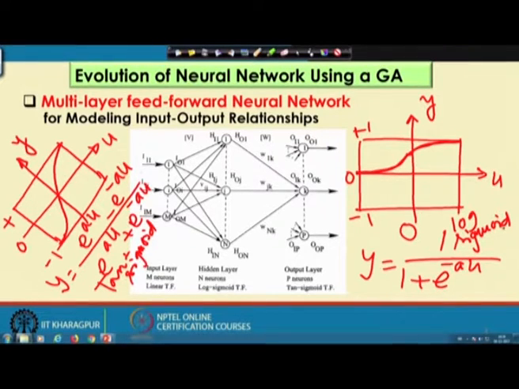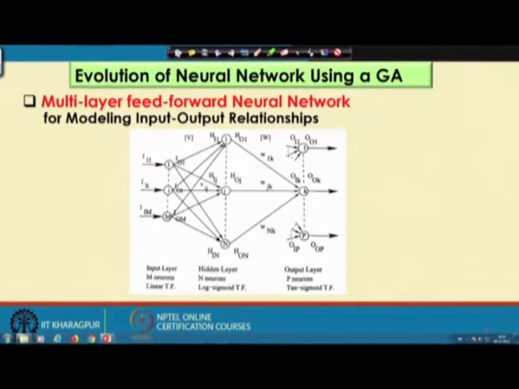Here we are going to use a special combination of transfer functions. For example, on the input layer we generally use a linear transfer function, where the output is nothing but the input, like y equals u.